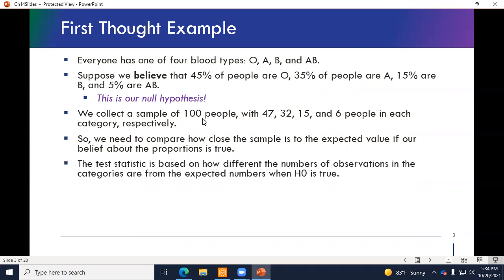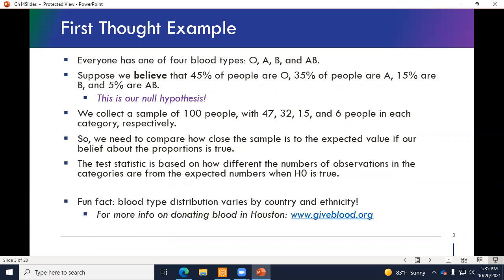Clearly this is hypothesis testing, right? The test statistic would be based on how different the number of observations in these four categories is from the expected numbers when H null, the null hypothesis, is true. And for this case, we would use the chi-square test.